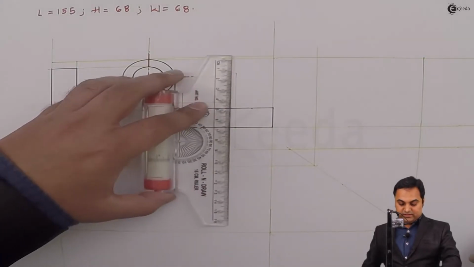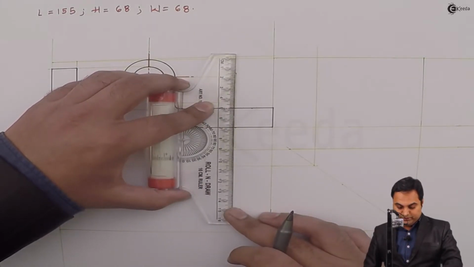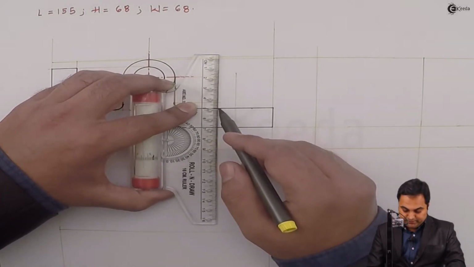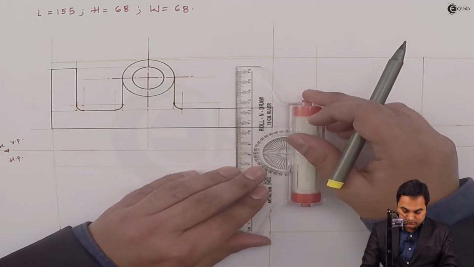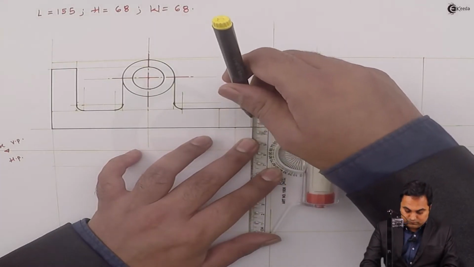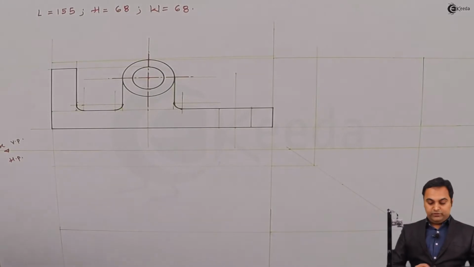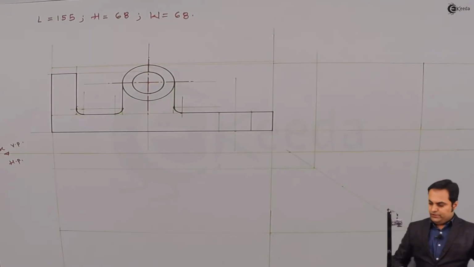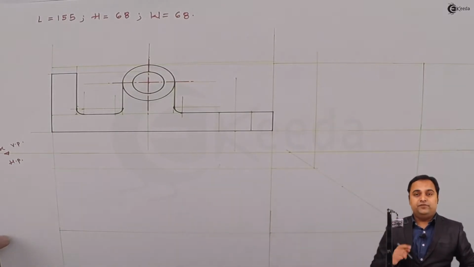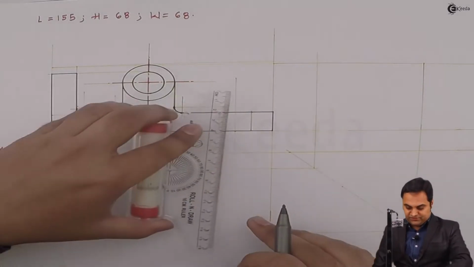And then the circle is there throughout, so it should be first made light with the help of light vertical line, and then I have to draw it with the help of dotted line. So here it should be hidden line because the circle is not visible from the front, but still it is existing.